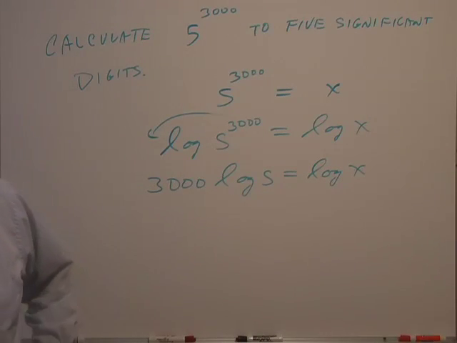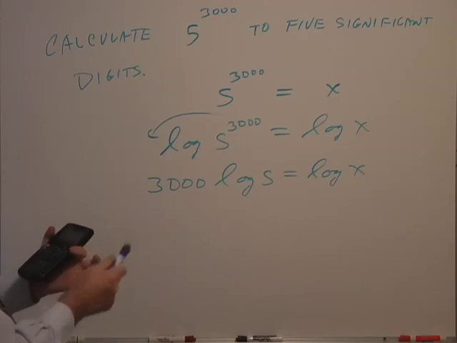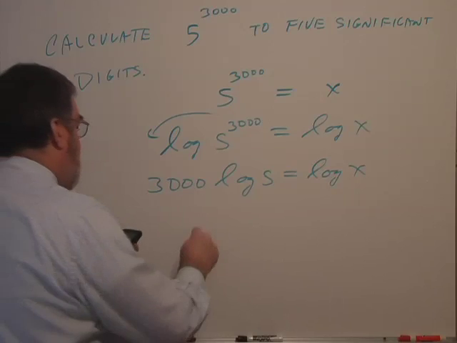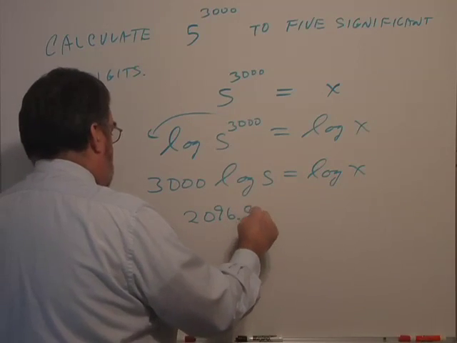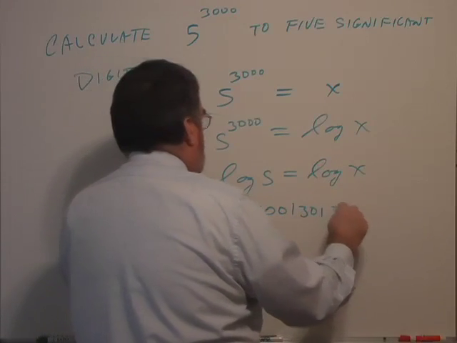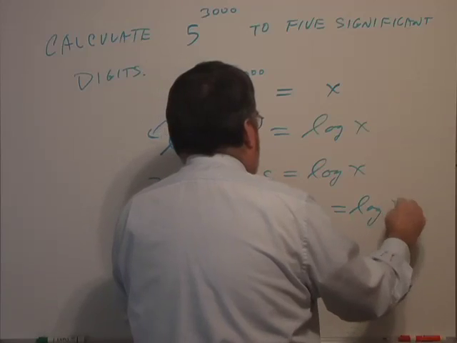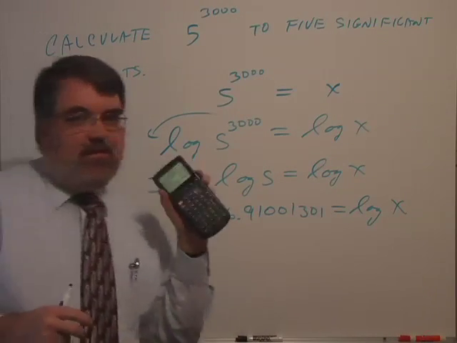Okay, now what is 3,000 log 5? I happen to have it on my calculator. It is 2,096.91001301 equals log x.